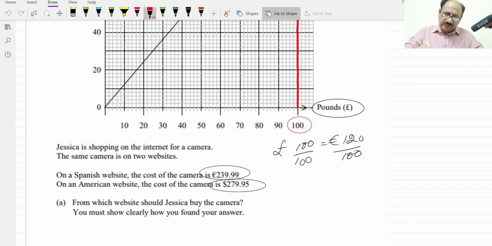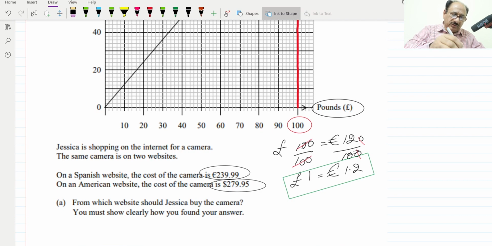After cancellation, this 100 will be cancelled and after simplification we'll get 1 pound is equal to 1.2 euros. So this is the conversion rate which we have checked from the graph, and this conversion rate we will be using.